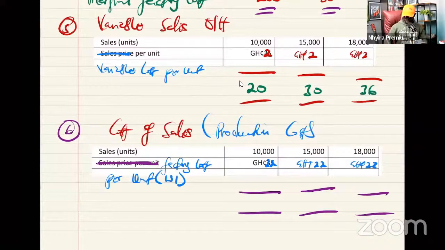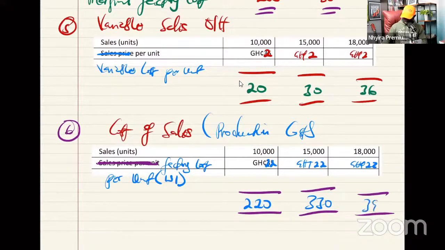That should be 22, 220 here. Then we're going to have an amount of what? 15 by 22, 330. Then we will have an amount of 22 by 18.